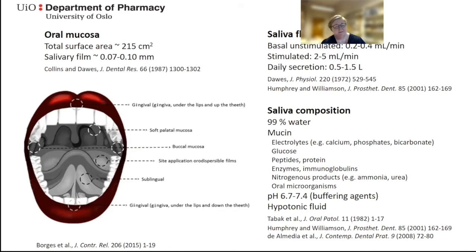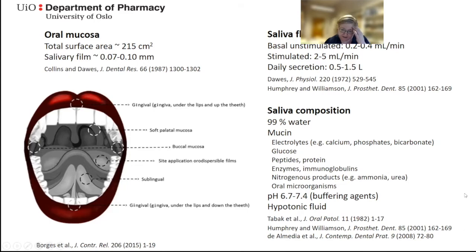There are nitrous products. There are microorganisms, and the composition can change, but these are the main components. pH is also changing, but there are buffering agents.